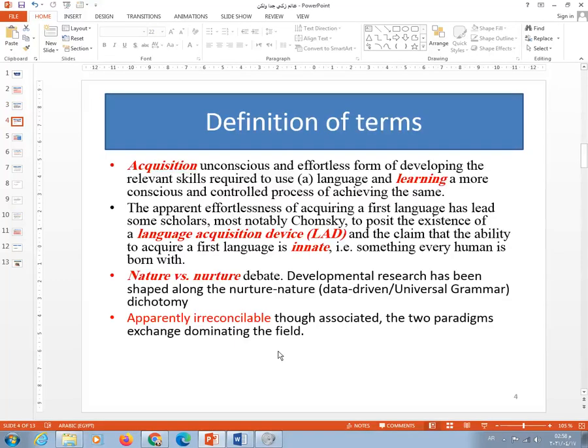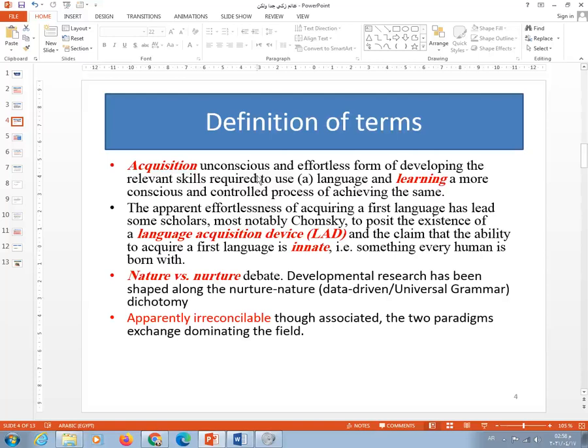Here is a quick review of the definition of terms that are very common in the field of first language acquisition. Number one, the word acquisition itself. It refers to the unconscious or effortless form of developing the relevant skills required to use a language.